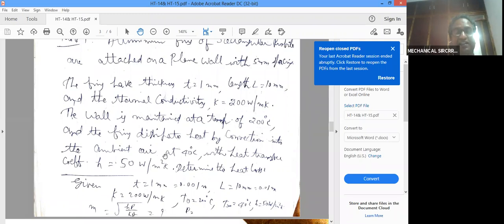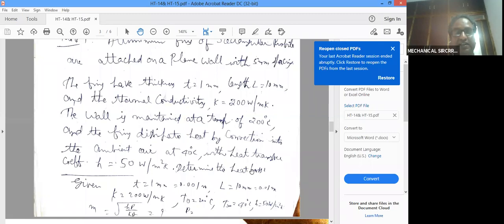So here, convection from the fin to outside air. Ambient air means atmospheric air or outside air. Air at 40 degrees centigrade with heat transfer coefficient h equal to 50 watts per meter square Kelvin. Determine the heat loss.